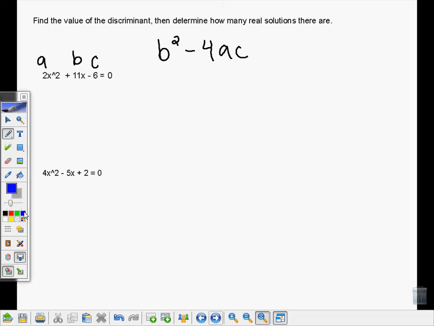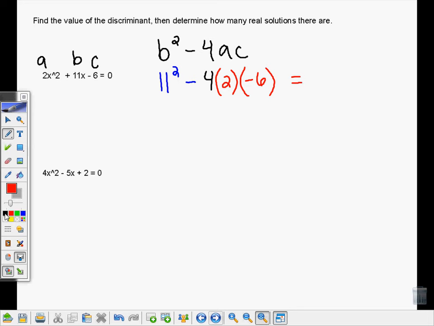So, for b squared, I would have 11 squared minus 4. Then I'm going to times by a, which is 2, and times by c, which is negative 6. You have to take that negative sign with it. And I'm going to solve.